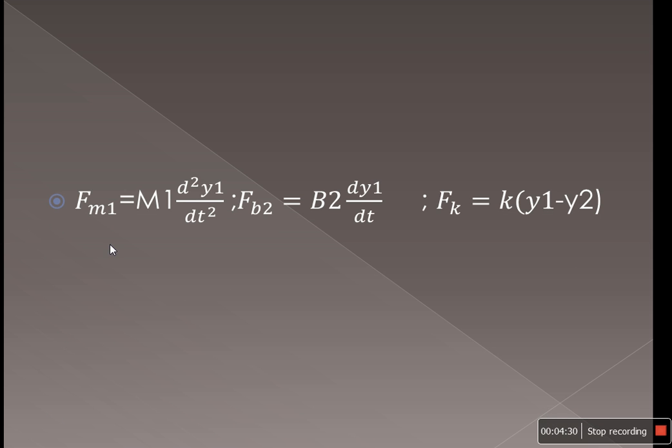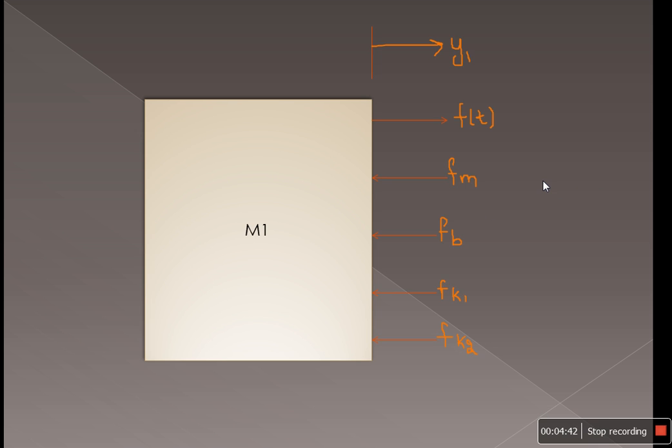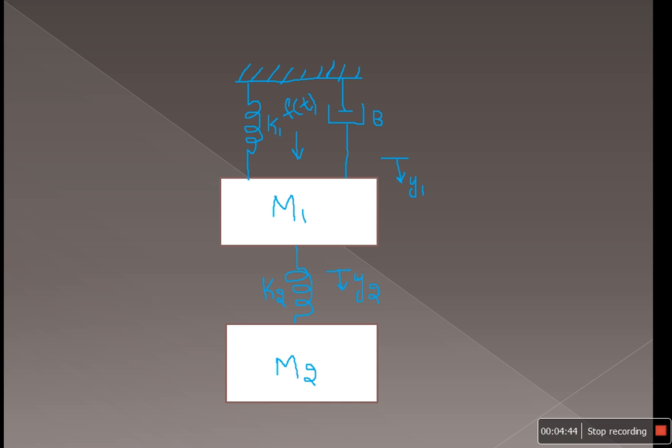So F m1 equals m1 d square y1 by dt square, and F b equals b dy1 by dt, and F k equals k into y1 minus y2, because it is connected between these two nodes. That's why y1 minus y2.